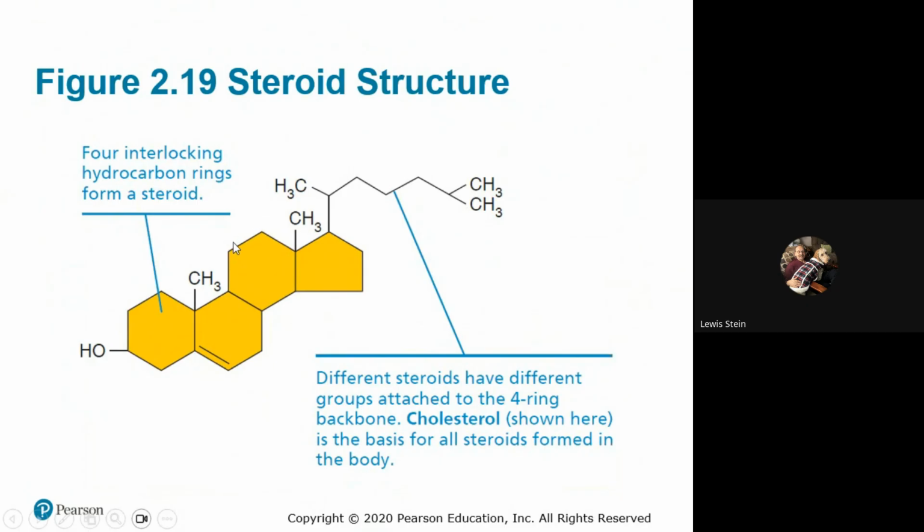Every time you see a point like that without a name, it's carbon. So this cholesterol, offhand, has 27 carbons. I think the rings together have 21 or 22 carbons, something like that. But cholesterol is everywhere. I can't stress that enough. These four interlocking hydrocarbon rings are really the critical piece that we make all those important chemicals from, that we call steroids.